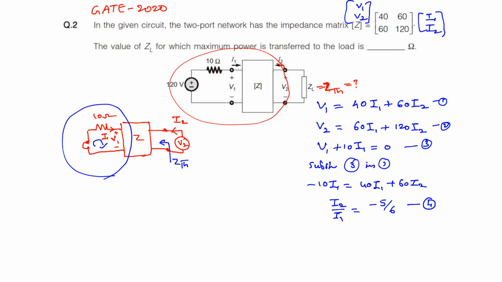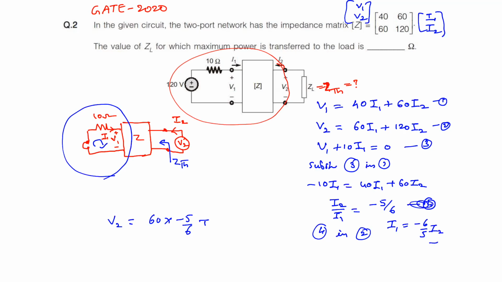Now substitute this value in equation 2. Then V2 is equal to 60 into minus 5 by 6 times, sorry, so you can write the same equation as I1 is equal to minus 6 by 5 times I2.